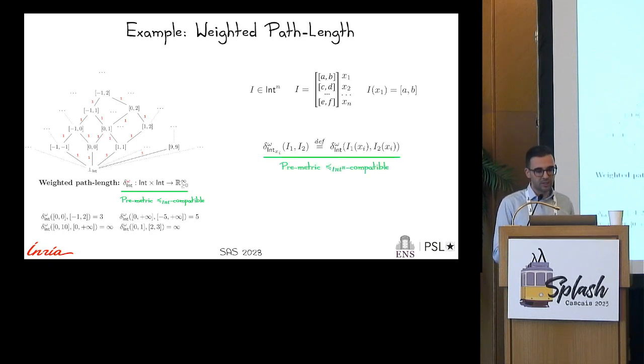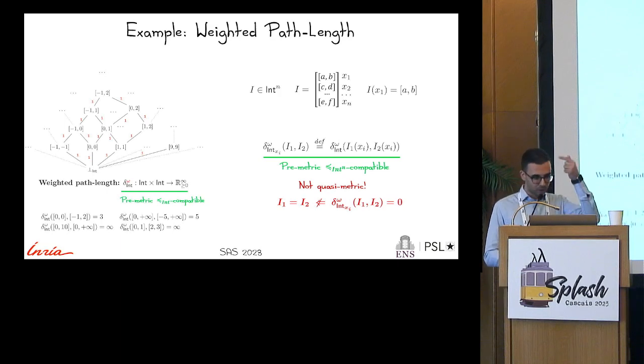So in this case, we are using the weighted path length for measuring that single component. And this is a pre-metric compatible with this domain. Note that this is not a quasi-metric, because the distance in this case is measuring just the distance between two single intervals and not the whole vector. So it might be the case that the distance is 0, but the two vectors are not the same.